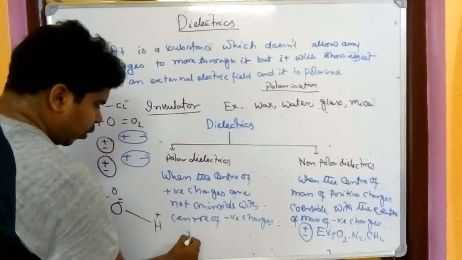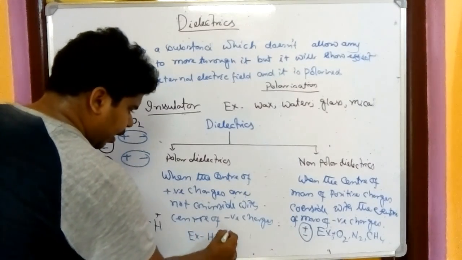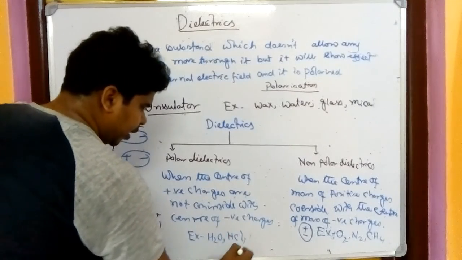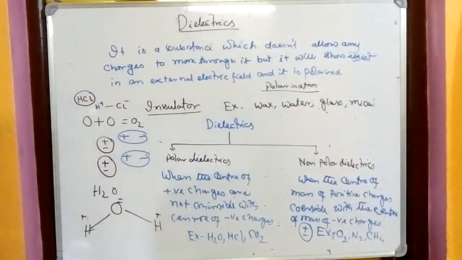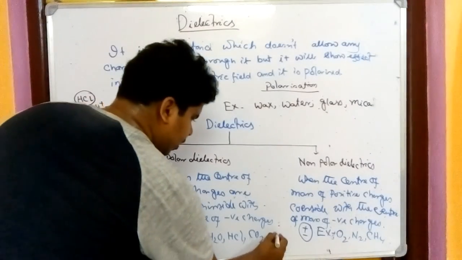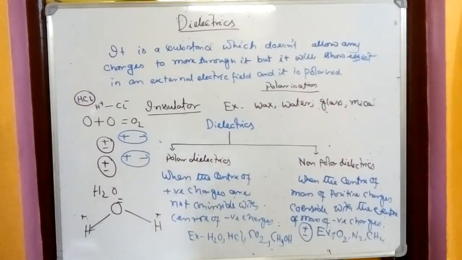So if I am talking about examples, just like H2O, HCl, CO2, this type of substance, or alcoholic substance CH3OH, methyl alcohol, this is also a polar dielectric. So these are two different kinds of dielectrics.